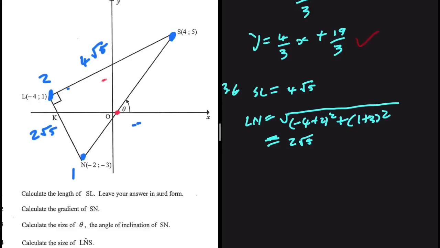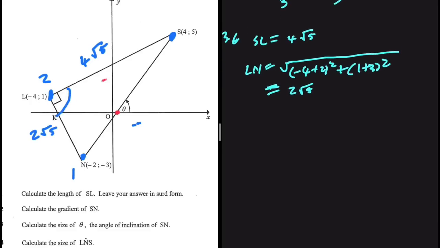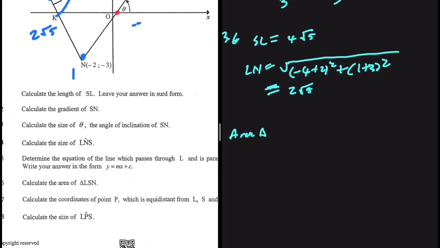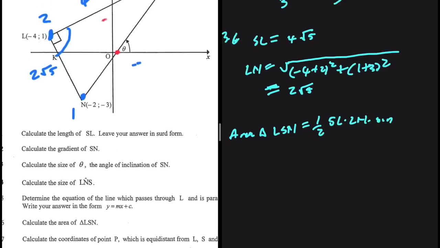These two lines sandwich an angle of 90 degrees. So I can just say that the area of triangle LSN is equal to half SL multiplied by LN sine of 90 degrees.